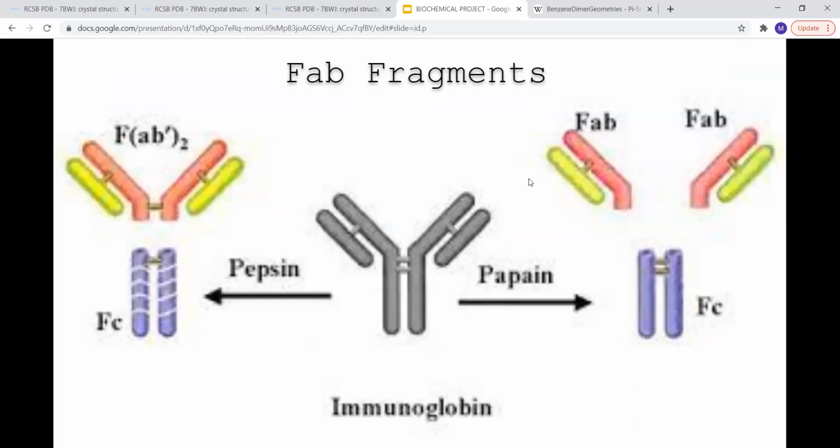One of them is using the enzyme papain to cleave an immunoglobulin monomer into two FAB fragments and an FC fragment, as you can see over here at the top. The other way is to use the enzyme pepsin, which cleaves below the hinge region, resulting in an F(ab')2 fragment and a pFc' fragment.